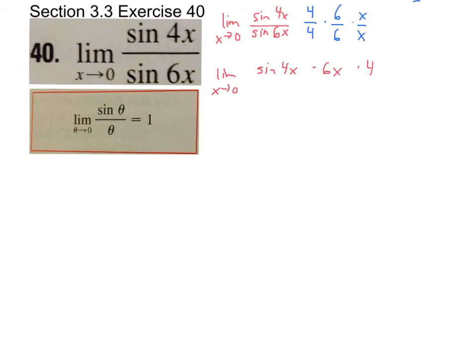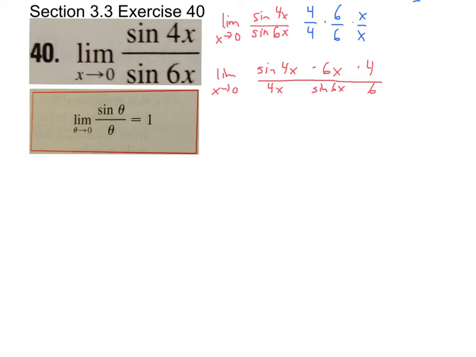So we've just taken those things and grouped them and written them in a certain order. And then on the bottom, we're going to write 4x here, the sine of 6x here, and then what we have left is a 6. So we've taken the 4, the 6, and the x, grouped them and written them in certain orders.